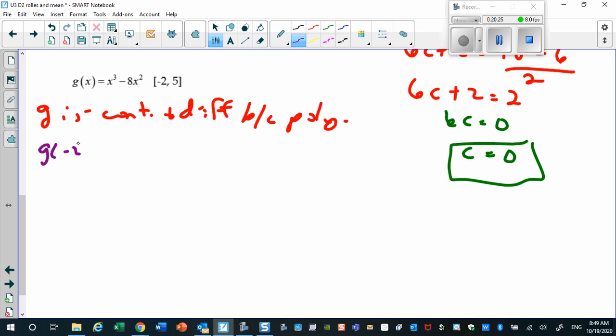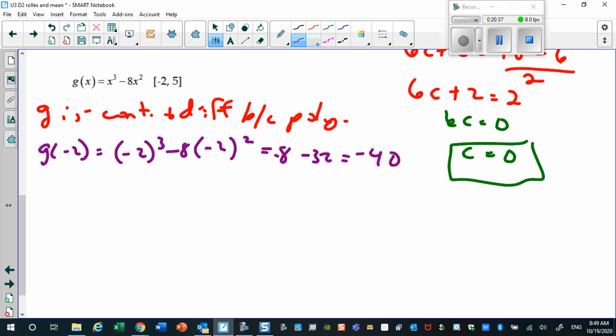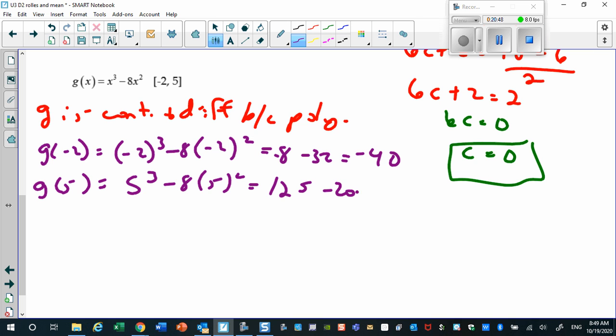Now let's do g of negative 2. Negative 2 cubed minus 8 times negative 2 squared. That is negative 8 minus 32, which is negative 40. G of 5 is 5 cubed minus 8 times 5 squared. That is 125 minus 200, which is negative 75.